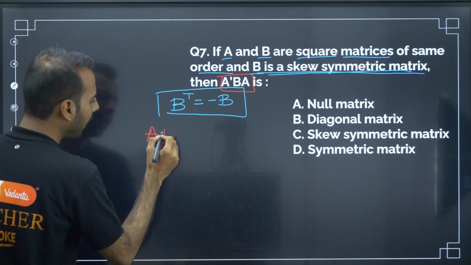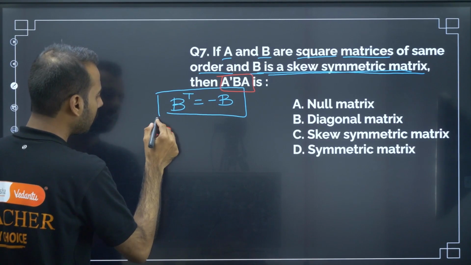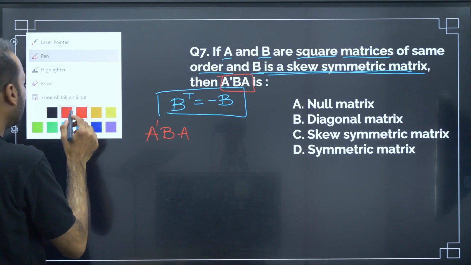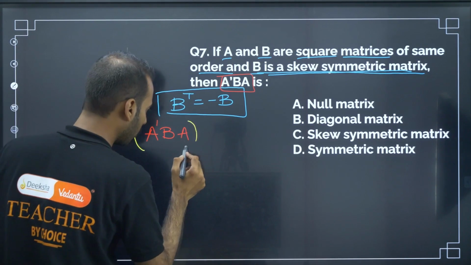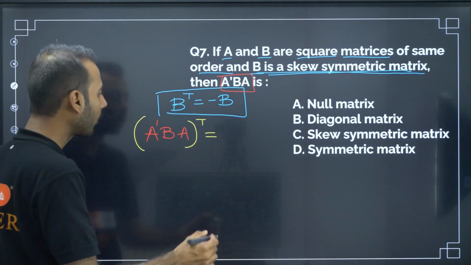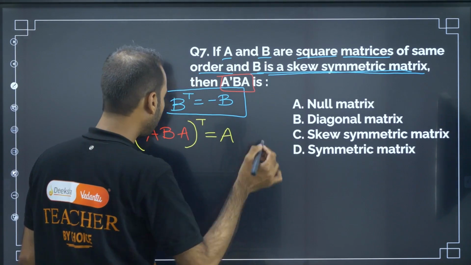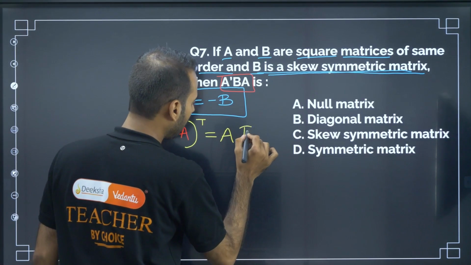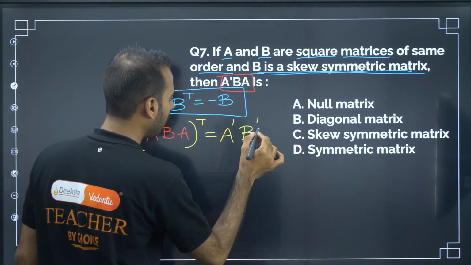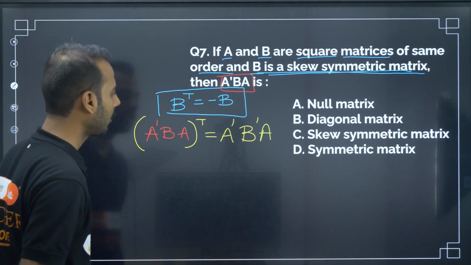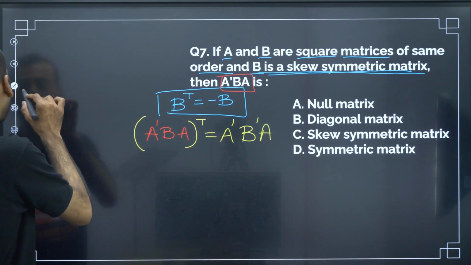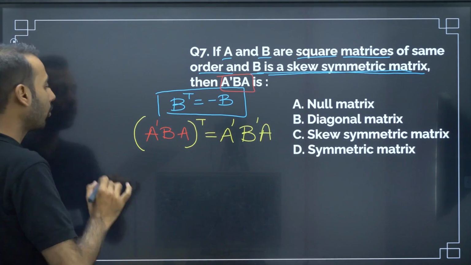So A dash B A, now for this I will apply transpose. If I apply transpose for this, then what will I get? I will get (A' B A)'. See here, transpose of A' B A. So properties of transpose: you should be knowing properties.